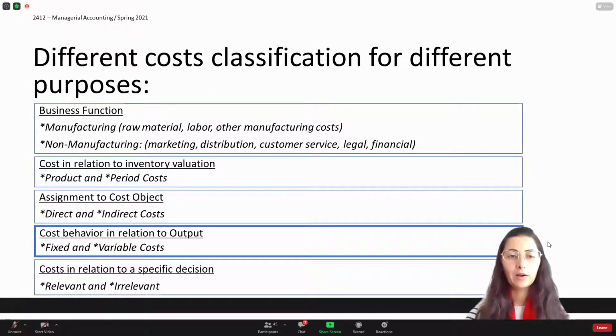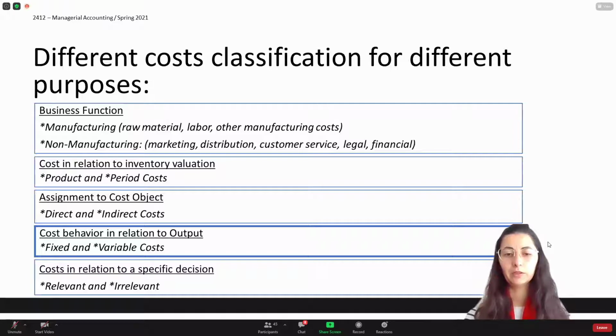Now we are going to classify costs in terms of how they behave in relation to output. For this topic, we want to understand how costs are classified in their relation to output. Are these costs fixed or variable?